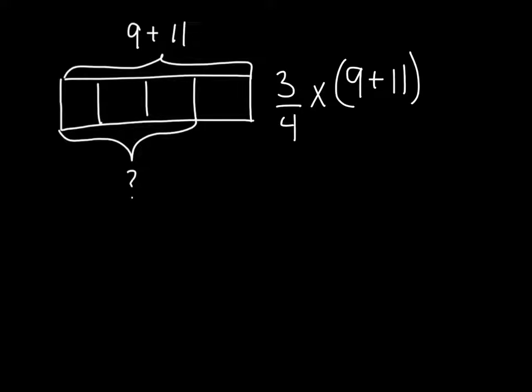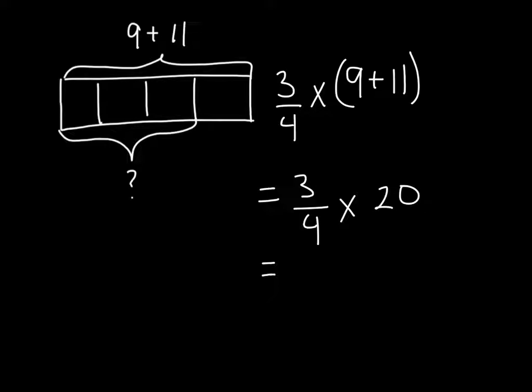Now, of course, I could also write (9 plus 11) times 3/4 because the commutative property of multiplication tells me it doesn't matter what order I do this in. So to solve the expression, I'm going to go ahead and add 9 plus 11, which is 20.